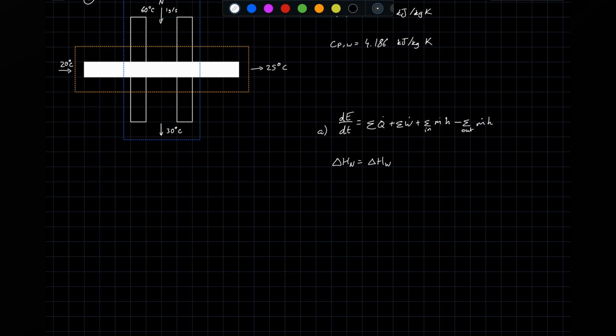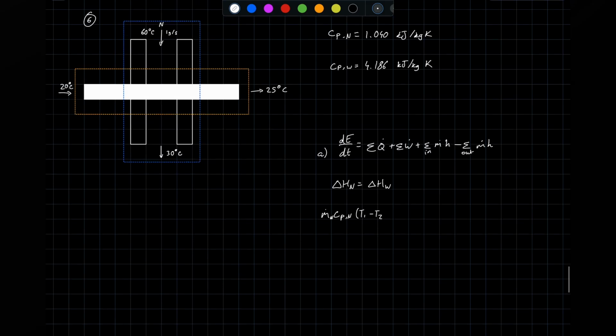So now we just replace it with our m dot N, Cp N, T1 minus T2. Let's go ahead and label this: this is area 1, area 2, area 3, area 4.